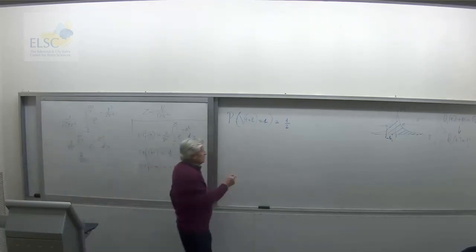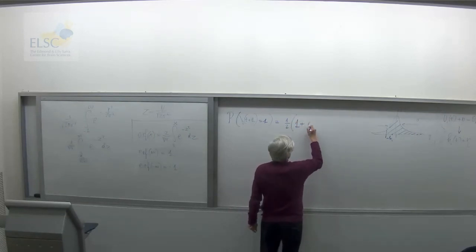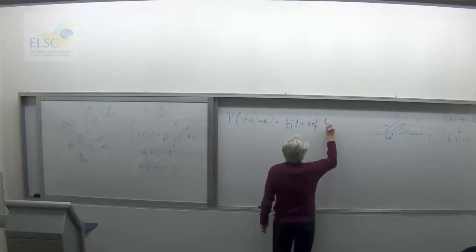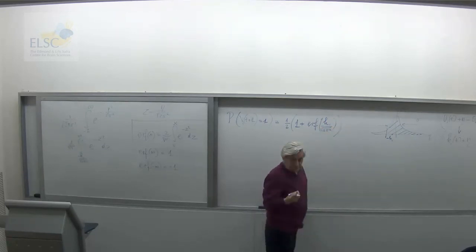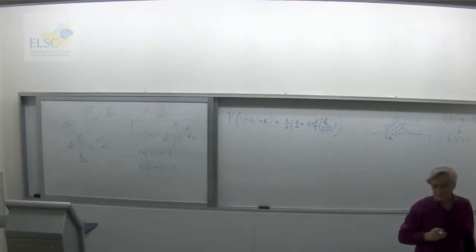So I have the following: 1/2 plus erf of h_i. So this is it.